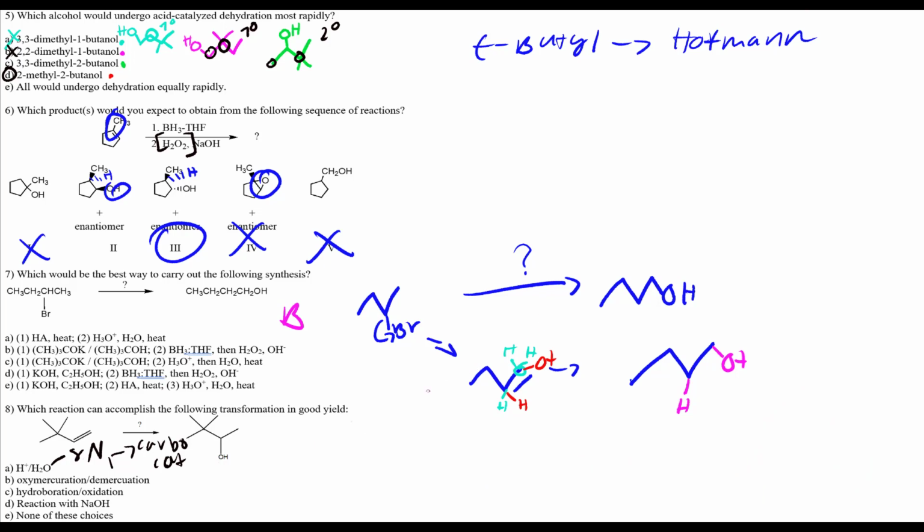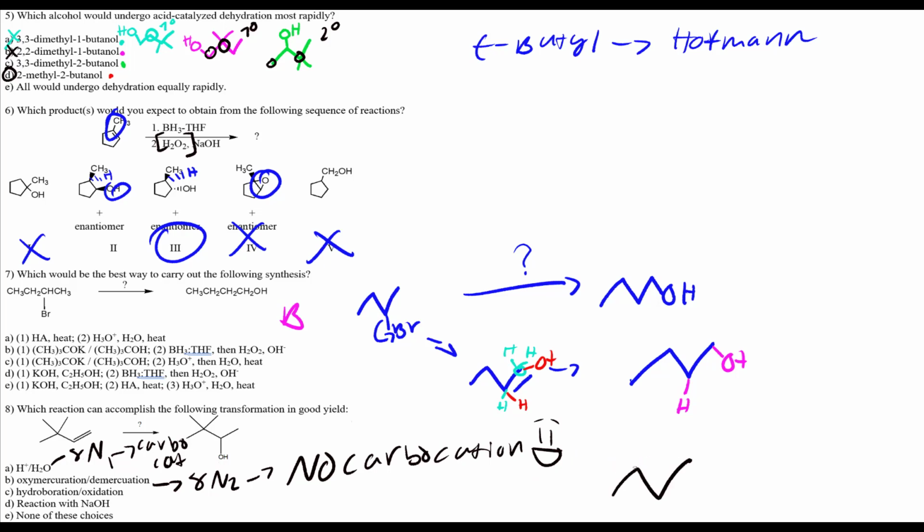Okay, but B looks pretty good because it does oxymercuration, demercuration. And this is actually an SN2-like reaction, so there is no carbocation. So what does that mean? It means that it just goes through a Markovnikov reaction and there is no rearrangement.